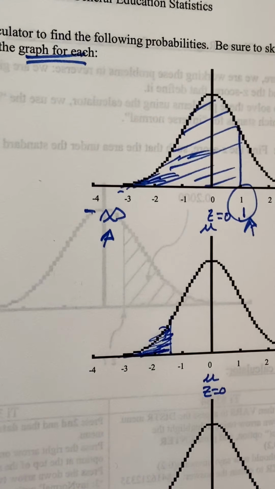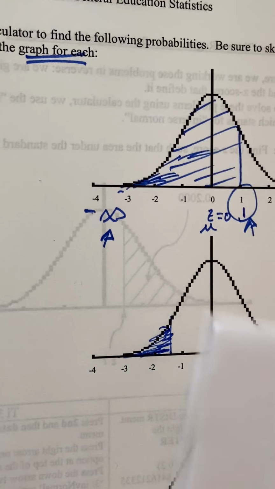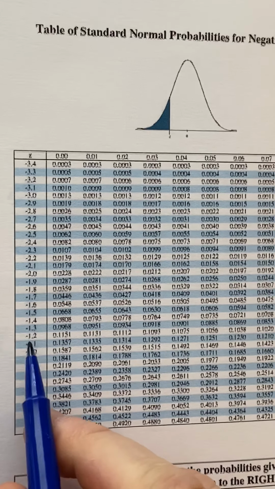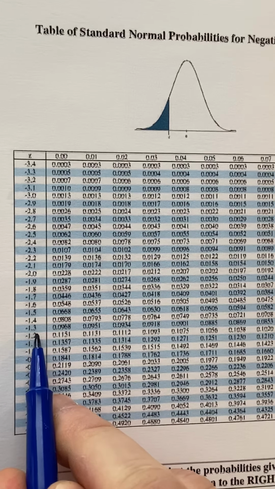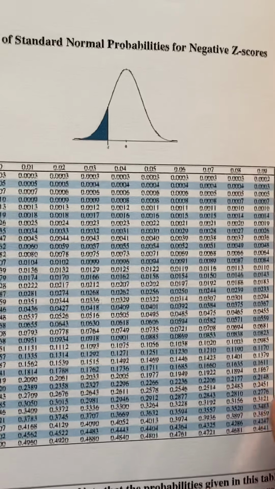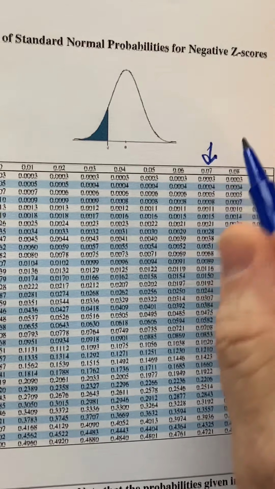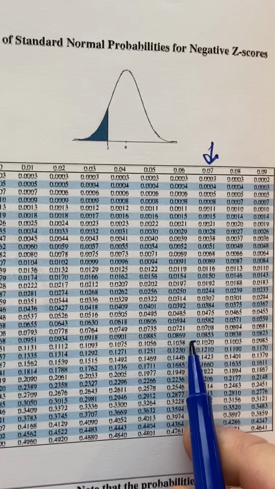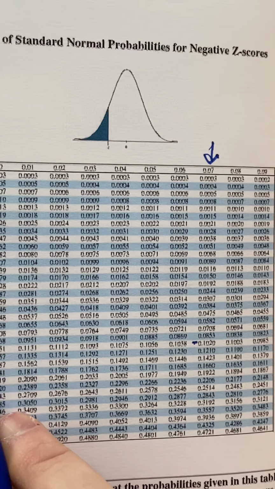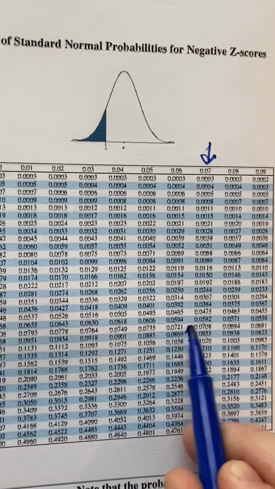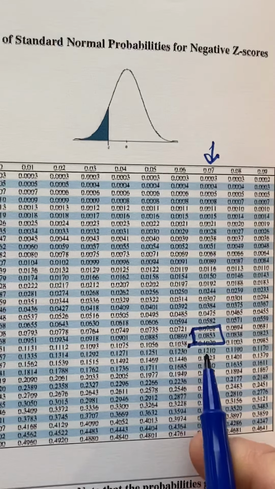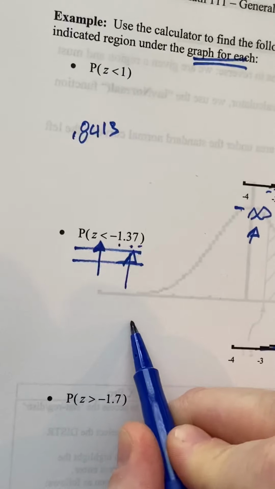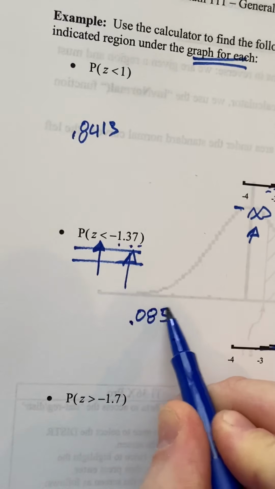Old-fashioned way, we grab out our z-table and we look up negative 1.37. Here's negative 1.3 rounded to the nearest tenth, and now we have to go over to that column that's marked 07. So 07 and negative 1.3, and if I can read this right without my magnifying glass, how about right here? 0.0853.